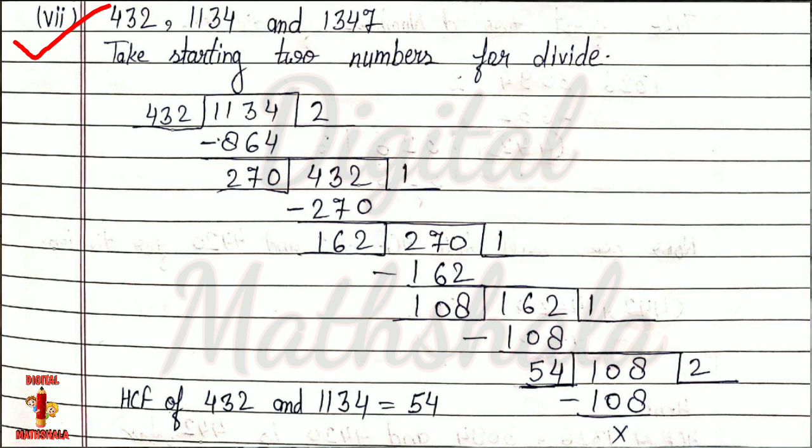And now this will be a new divisor, and the previous divisor will be the new dividend, and like this we will again divide, and we will continue this process till we are having remainder 0. So as you can see here, 54 is the last divisor, so we can say that the HCF of 432 and 1134 is 54.